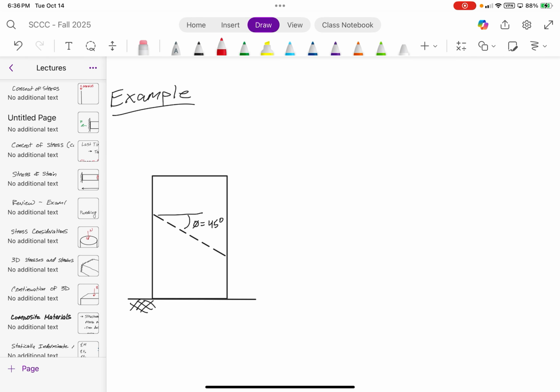Now, instead of giving you an axial load, it's applied uniformly at the top with a vertical stress of 57 kilonewtons per meter squared. Let me indicate that this is the failure plane.